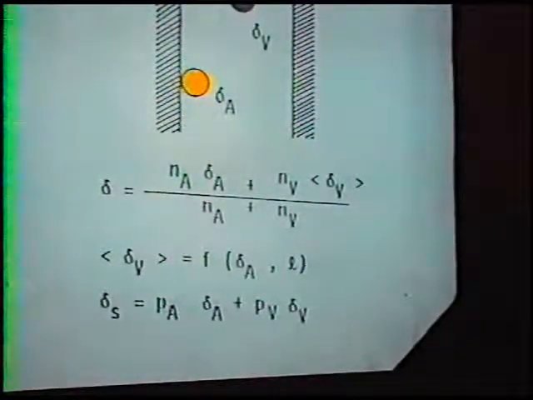Of course, delta V depends on the structure. If the distance between two collisions is long, we have enough time to lose the memory of the perturbation. On the contrary, if this distance is very short, the average value of delta V will be lower than delta E, but not far from this value.